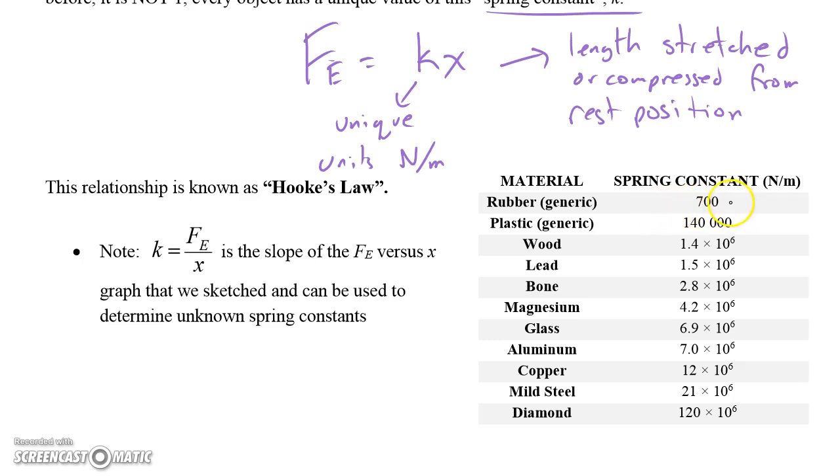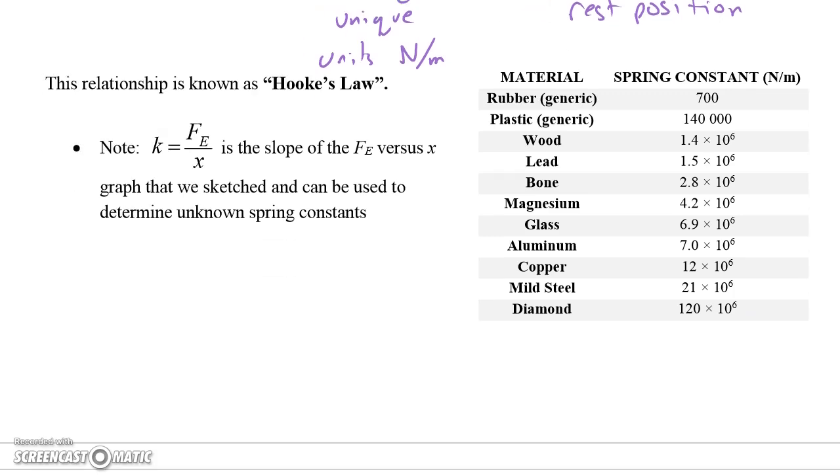And then you can go all the way down that list and end up at diamond, which takes 120 times 10 to the 6 newtons to stretch it 1 meter. So that's quite different. And this really follows logic because it's easy to stretch rubber materials, whereas diamond we don't think as a material that is stretchable.